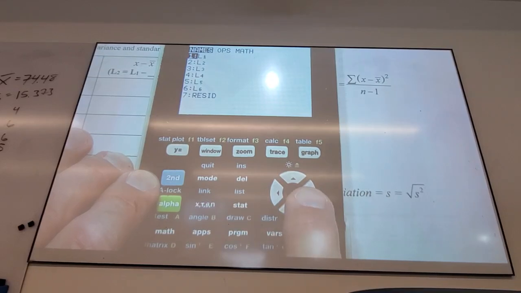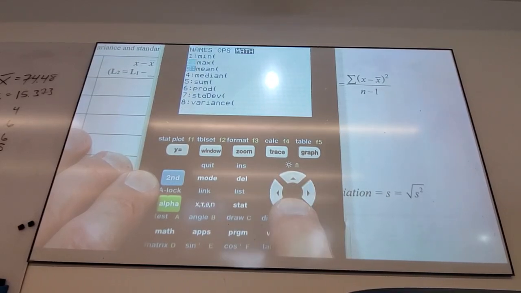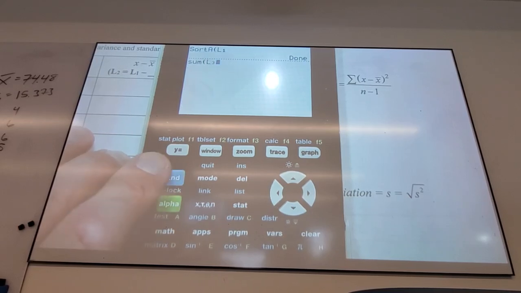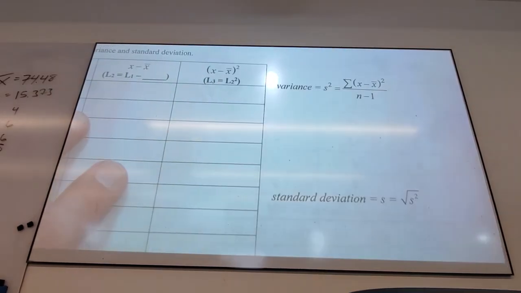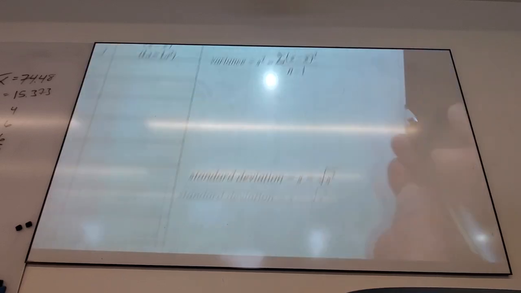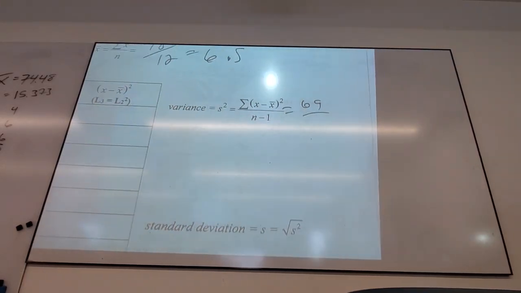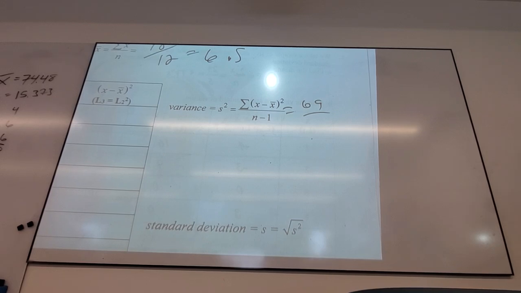I can do math to lists. I can sum up a list. I can sum up list 3. Bam. So that is what goes up top here. And then you keep going like we did earlier to finish it out.